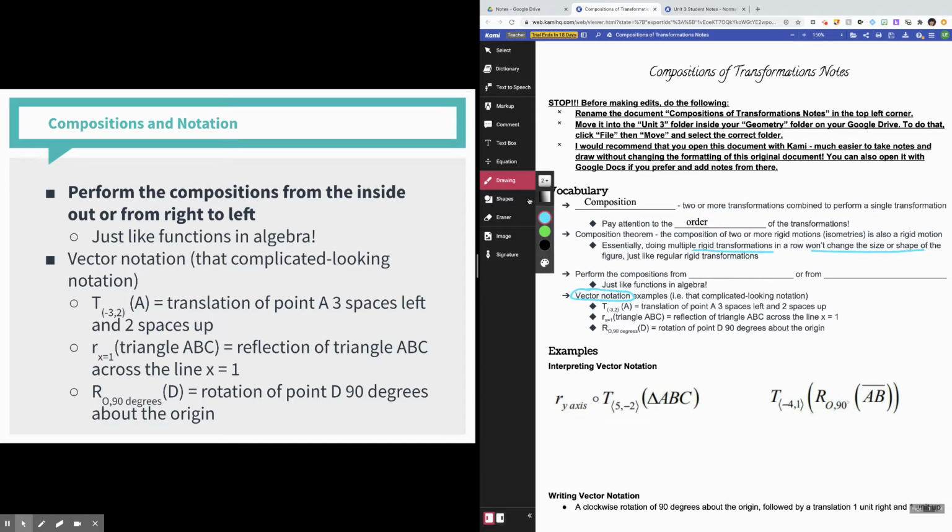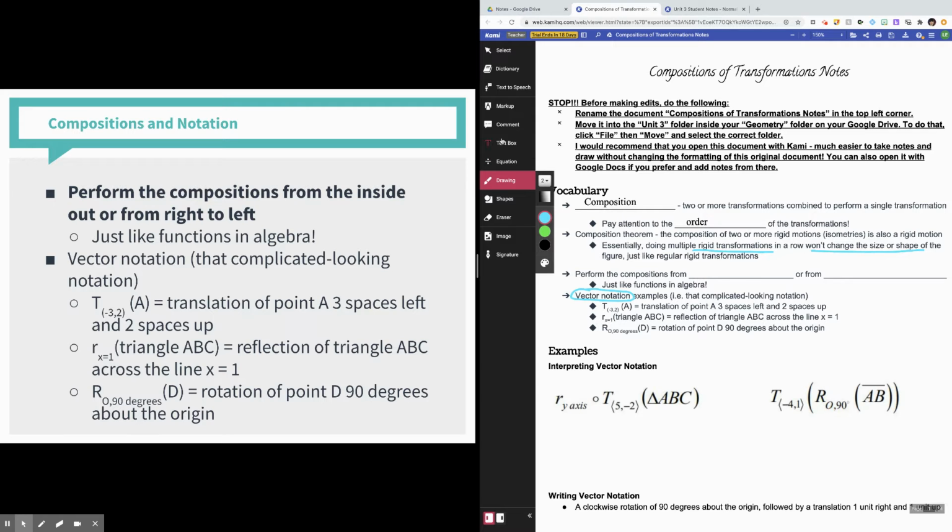And you can see some examples of how vector notation is written for a translation, reflection, and rotation. You can also see on the right side of your screen a couple of those vector notation transformations put together into one thing.